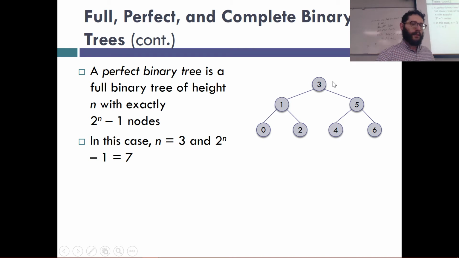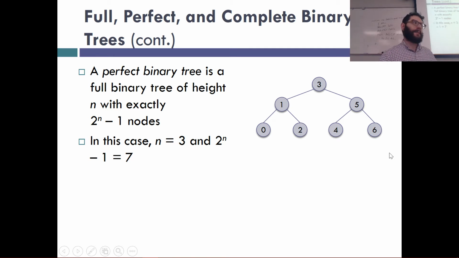So a perfect binary tree would have 1 on the first level, 2 on the second, 4 on the third, 8 on the fourth, and so on and so forth, until you got to height n, which would also be completely full.